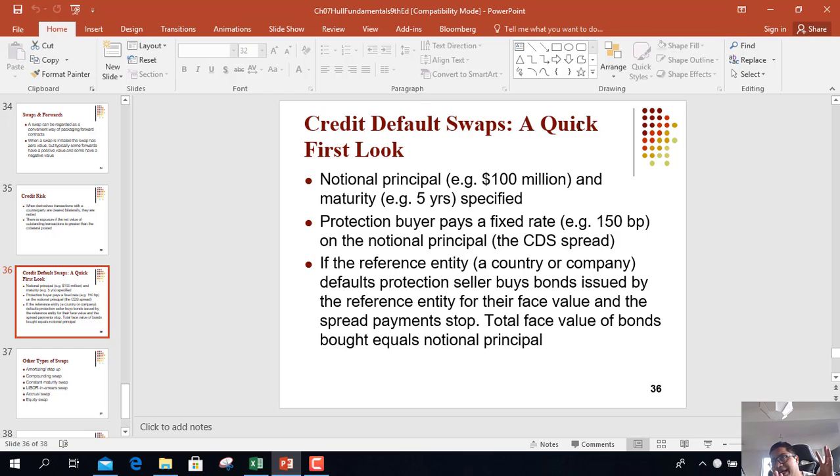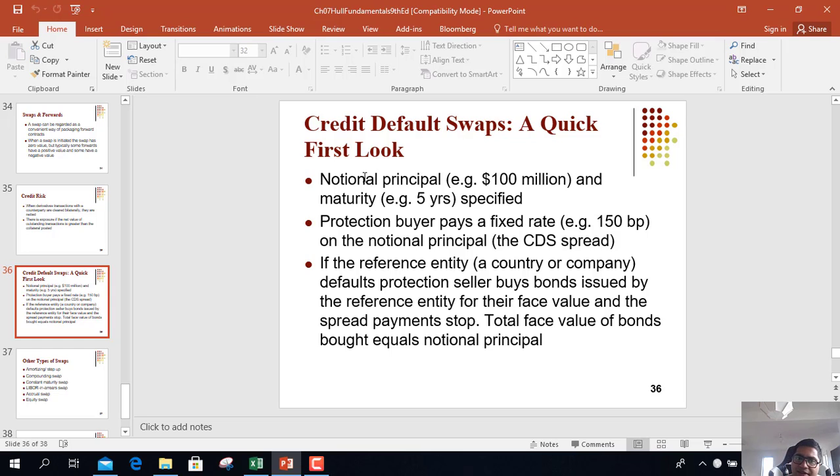Example, RBC has $100 million worth of bonds. I am afraid of losing money on those bonds. So I can take an insurance on those $100 million worth of bonds. If RBC defaults, that insurance company will pay me whatever loss I am making in those bonds. But if RBC doesn't default, then my premium is gone.